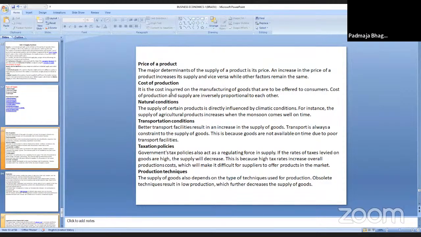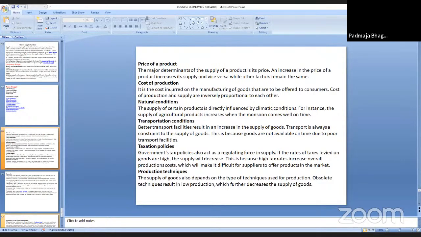And this is because high tax rates increase overall production cost. Your tax rates are levied on each and every good, and then the supply will also decrease. Whatever policies are made for the supply, it is also affected.